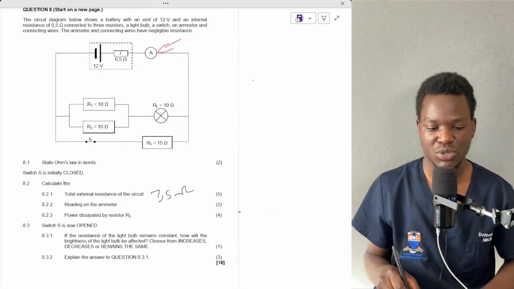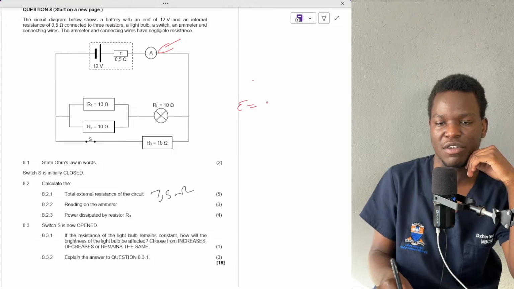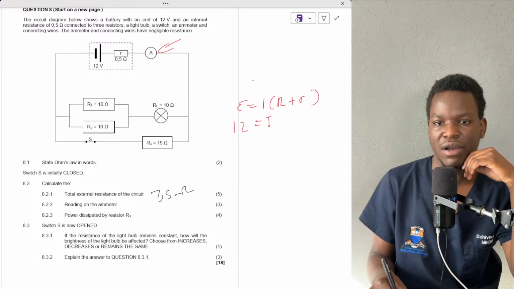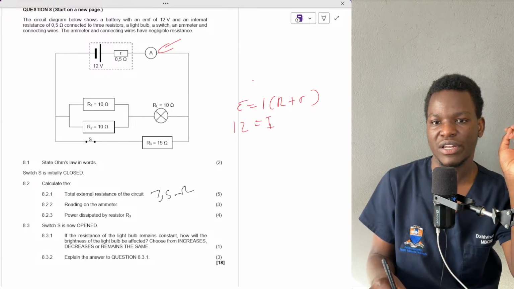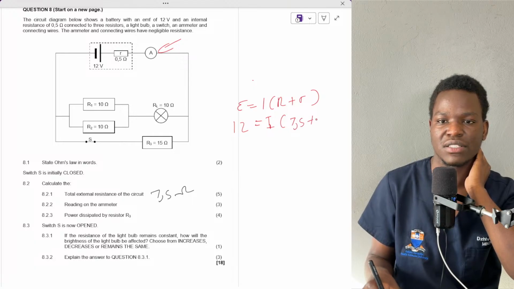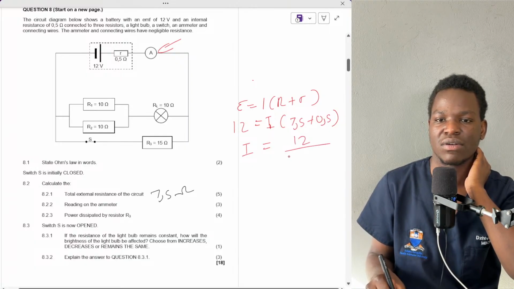So let's substitute into the equation EMF equals I(R plus r). Here we put 12, and we leave our current as I. Then 7.5 plus 0.5, which is 8, but let me write it for the sake of it.